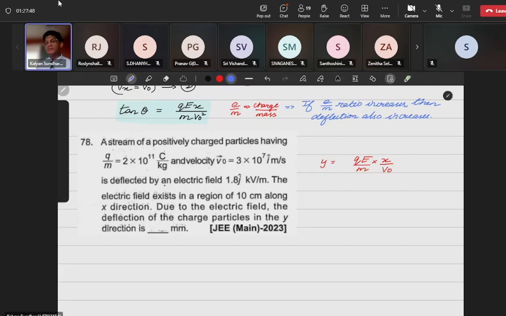The q by m ratio is 2 into 10 to the power 11, into electric field 1.8 kilovolt, that is 1.8 into 10 to the power 3. x is 10 into 10 to the power minus 2.